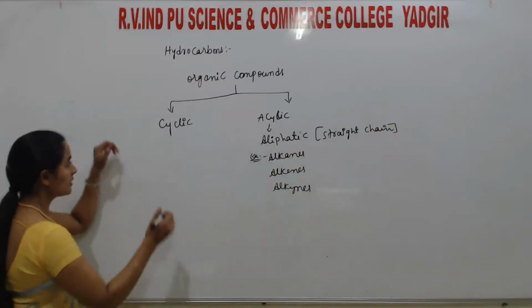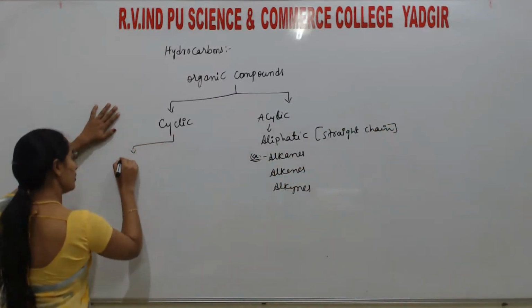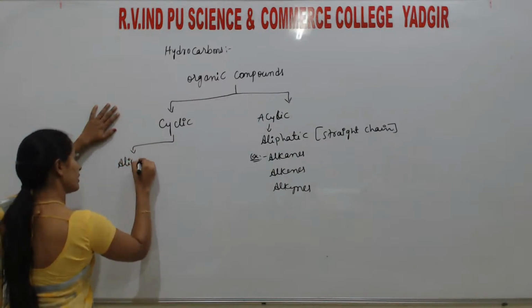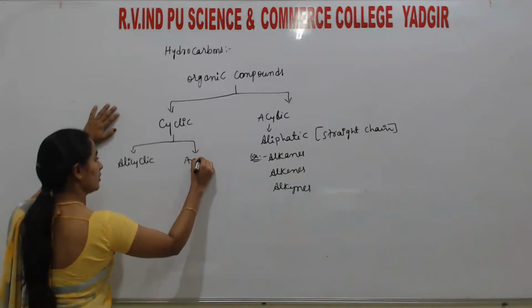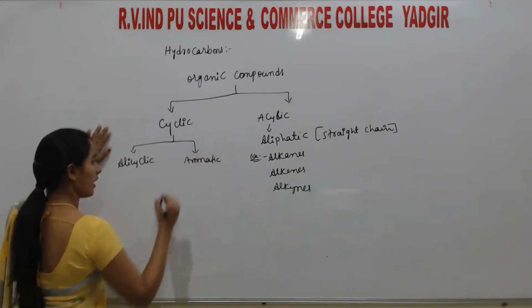Okay, in cyclic, 2 types are there. One is alicyclic, another one is aromatic.